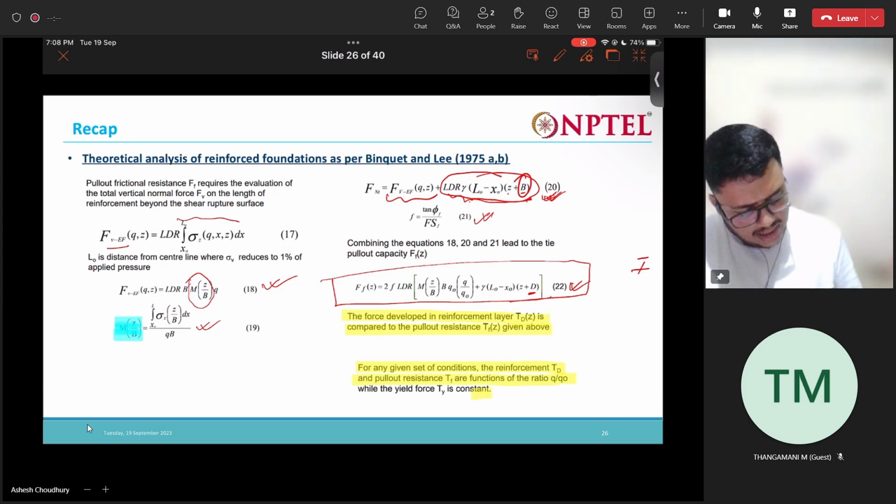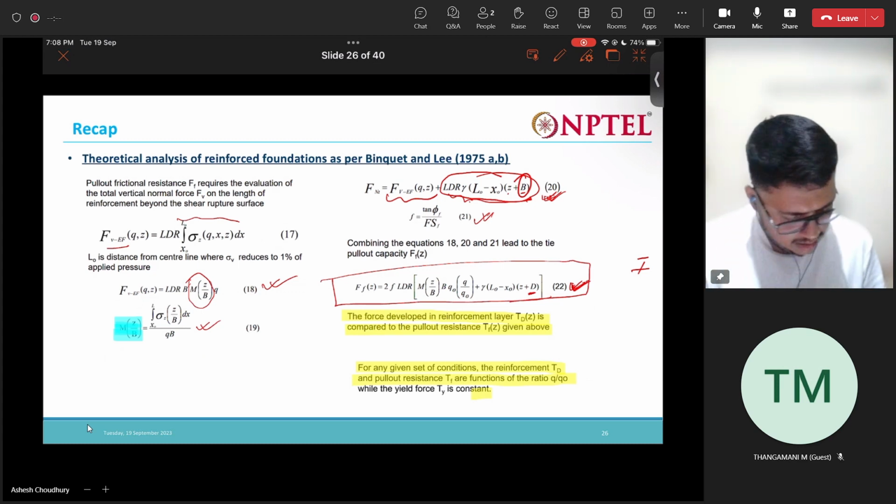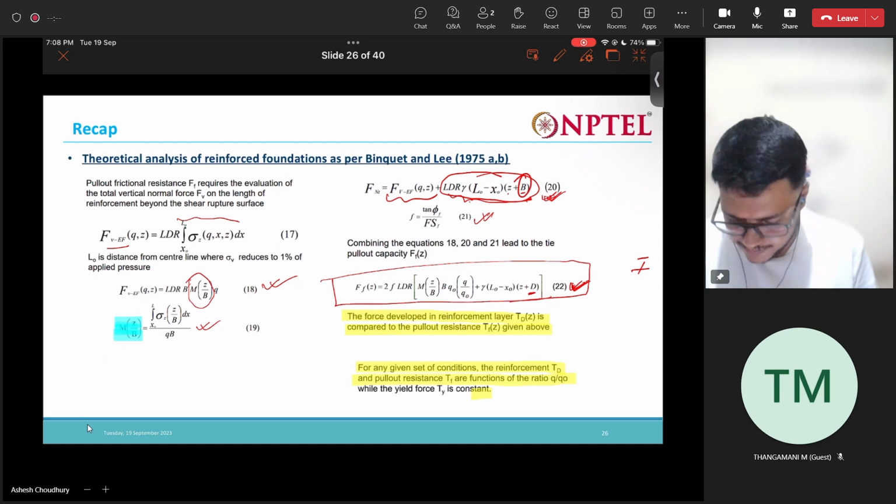Okay, anyways, this is the final equation. Just confirm this once. What is this D? As far as I know, this D should be nothing but the depth of the foundation.